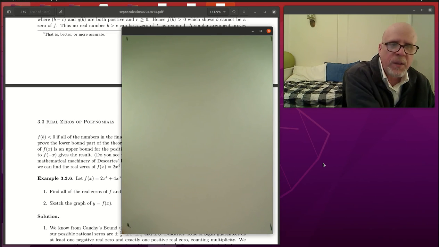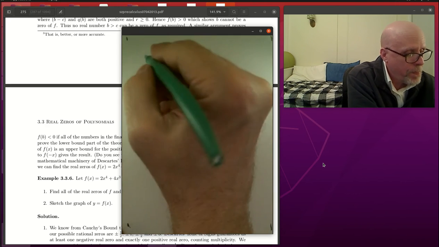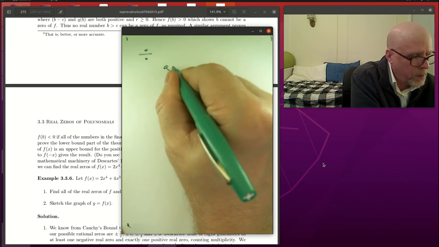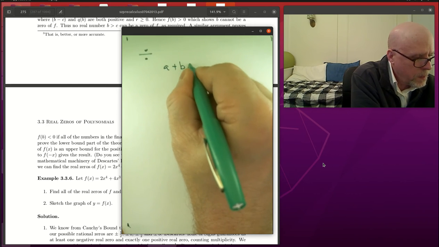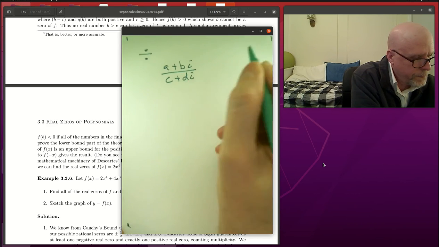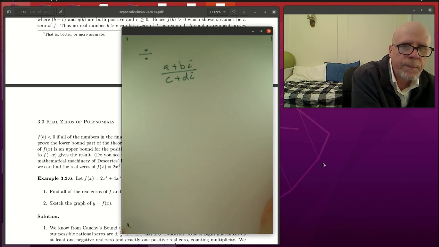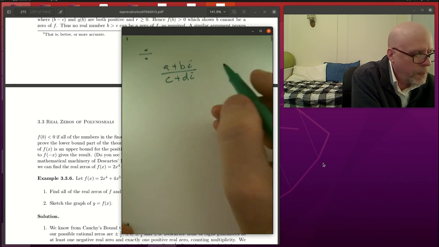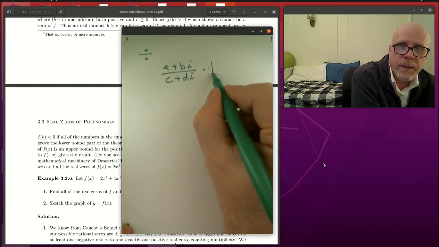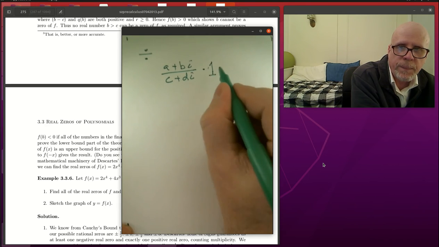So what was I saying? We've got to figure out how to do division. So think about a complex number divided by some other complex number. It'd be great if we could simplify that. And you can. What you're going to do is multiply this by 1 in a kind of funny way.